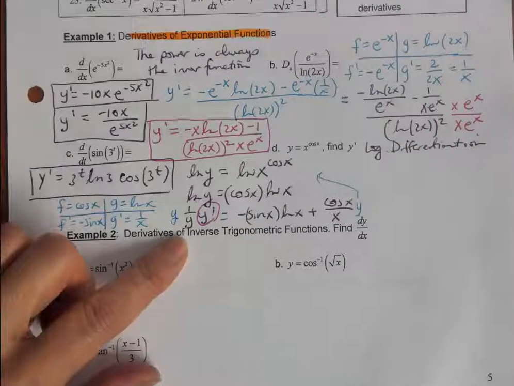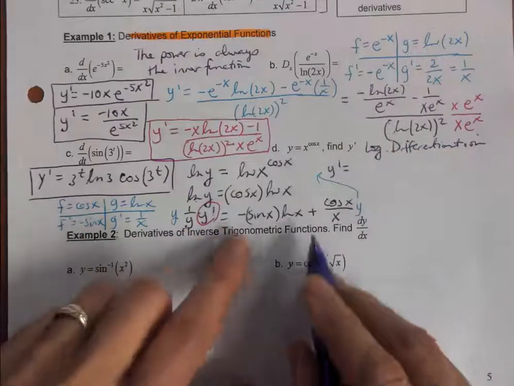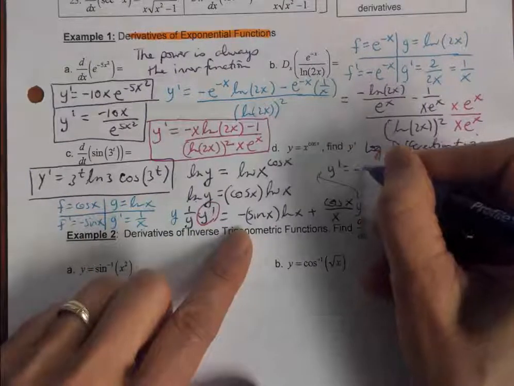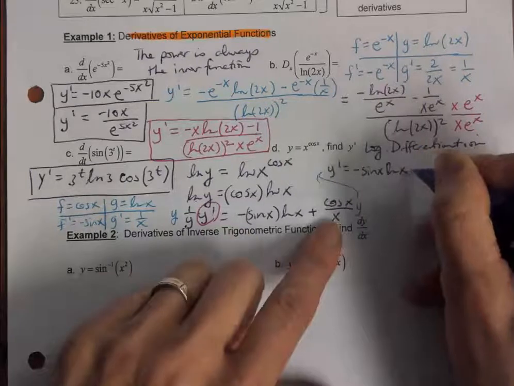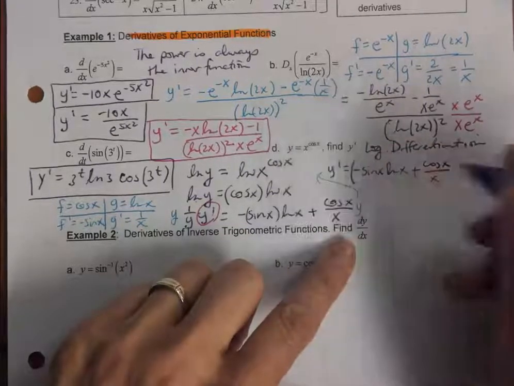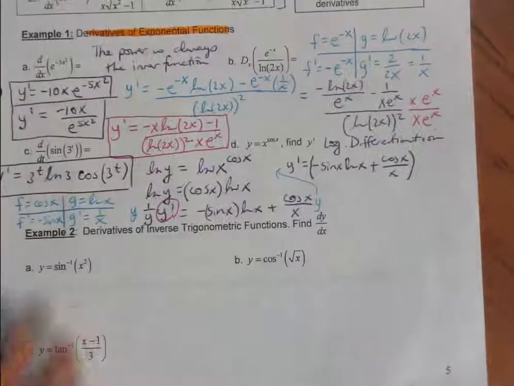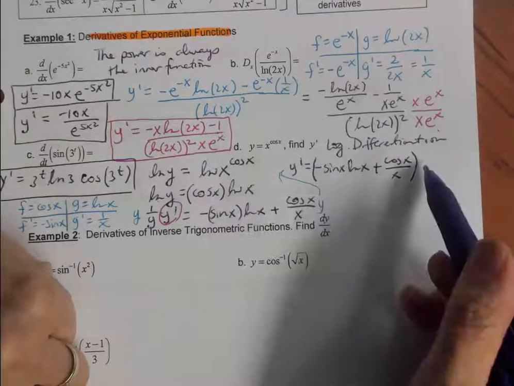So now I can write out my final answer with y prime equals, rewrite this whole thing. So there'll be a negative sine of x times the natural log of x plus cosine of x over x. Put a big fat parentheses around it, the whole thing. And then I don't want to write y, I want to write what? x to the cosine.